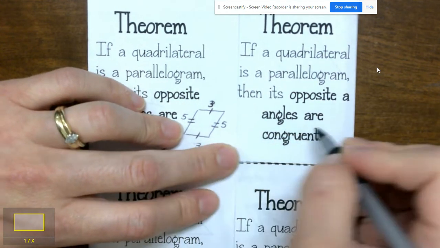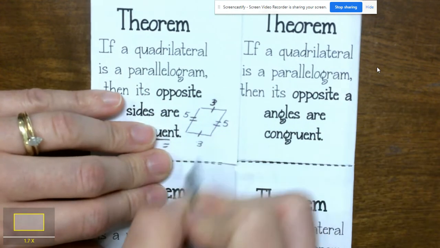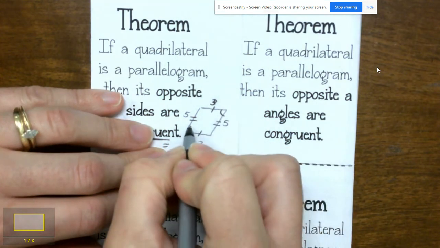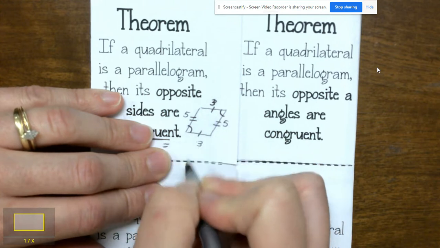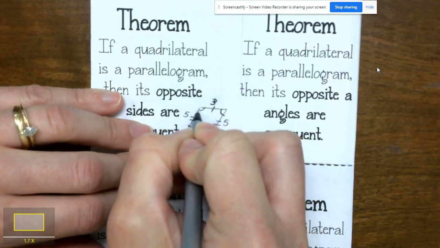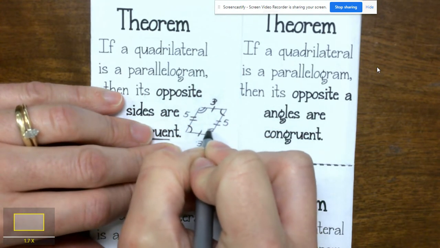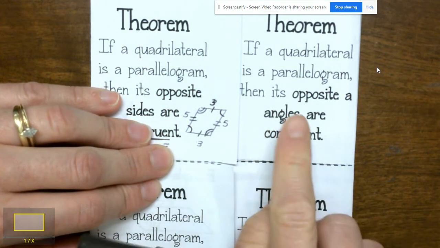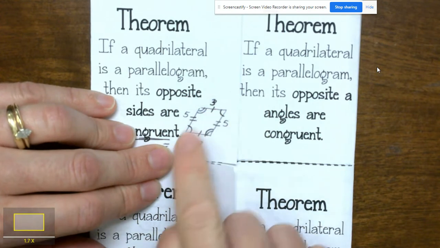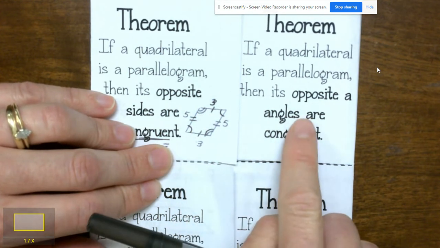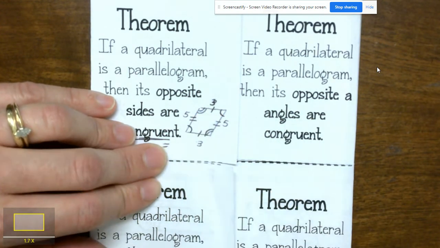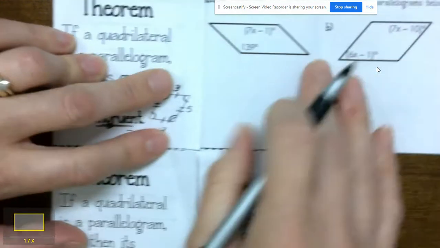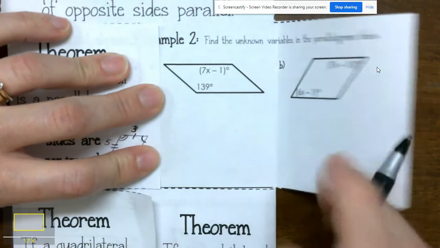So, for instance, if we had this same parallelogram that I drew over here, what that means is that this angle is congruent to this angle because they are opposite, and this angle is congruent to this angle because they are opposite each other. So this theorem says your sides opposite are congruent, and this theorem says that your opposite angles are also congruent. So let's see an example of what we would do for problems like that.